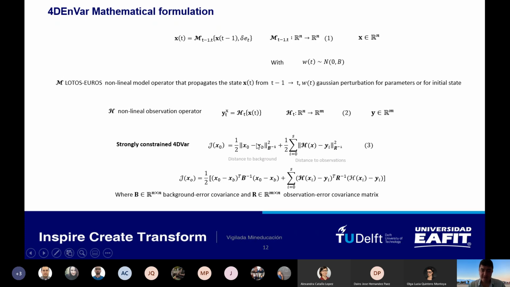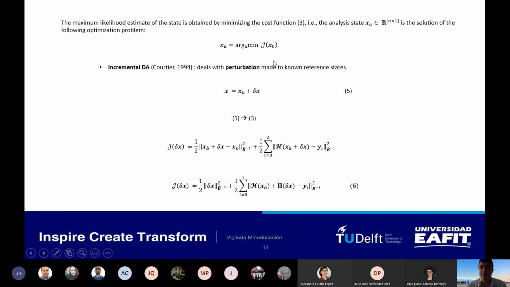When I make the procedure of this metric, you can see here how the cost function looks, and as you maybe know, I'm sure, the minimization procedure consists in minimizing this cost function in order to have the value that is going to make these terms in the functional the smallest possible.